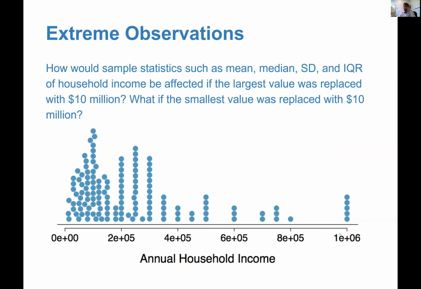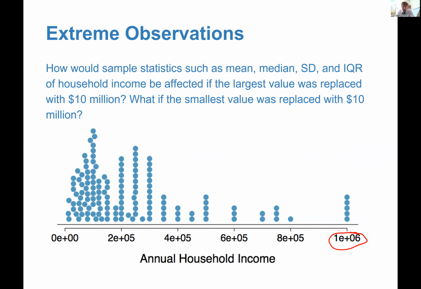I don't know if you're familiar with this notation right here, but it means a 1 with 6 zeros after it. So 1 times 10 to the 6th, which is a million. So we've got some household income. 2E05 would be 200,000, 400,000, 600,000, 800,000, and a million.